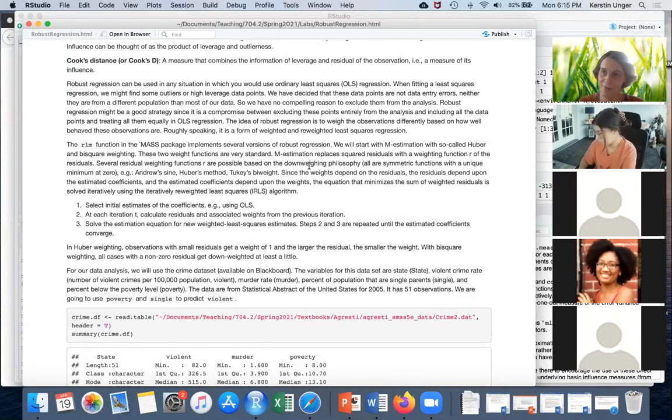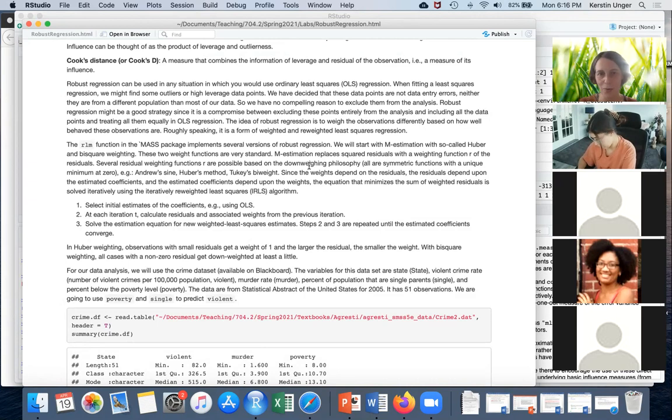On the other hand, the residual depends on the coefficients, and the coefficients depend on the weights, right? So that is basically like a circular thing. We don't know exactly where to start, and that's why these M estimators are solved iteratively.